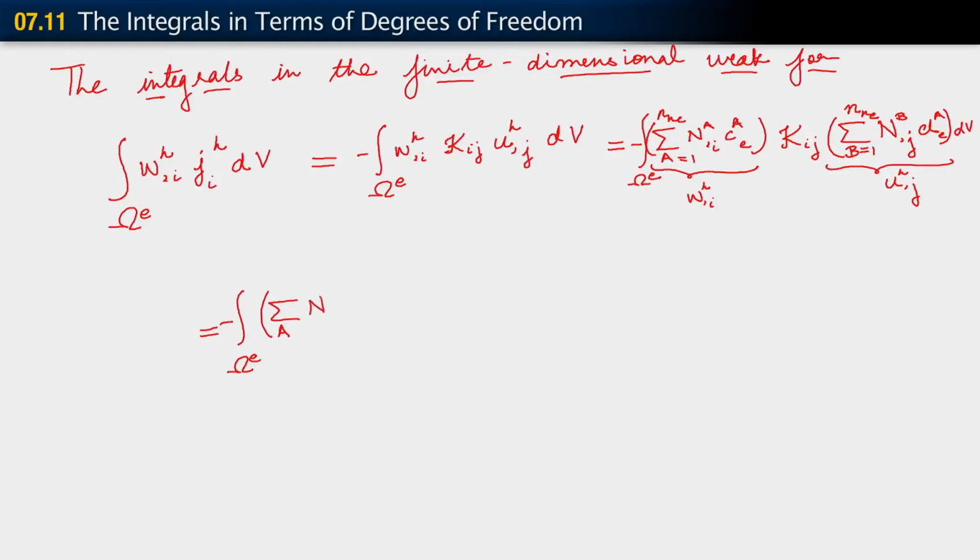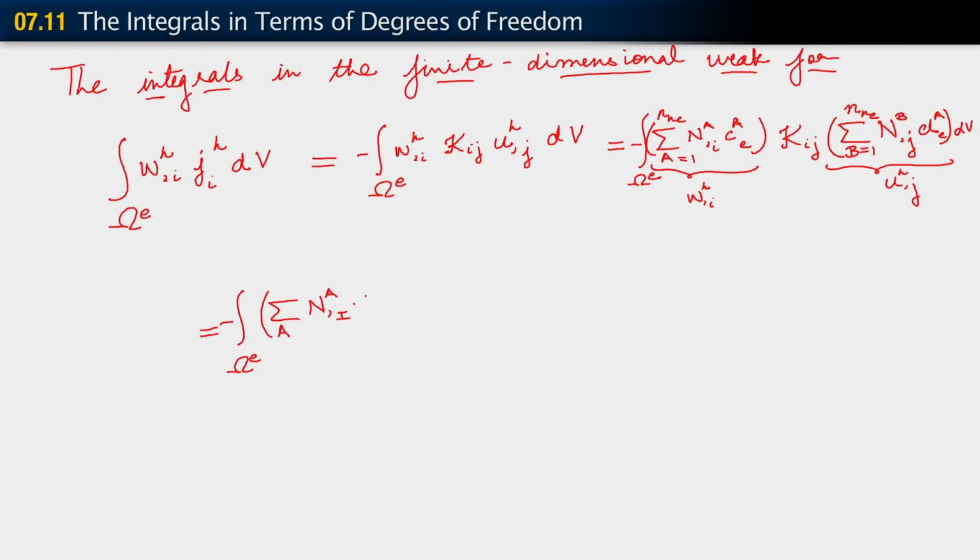Now, NA comma capital I. Okay, and recall that when I write NA comma capital I, we're talking of taking derivatives with respect to what? Right, with respect to the coordinates in the parent subdomain, right?